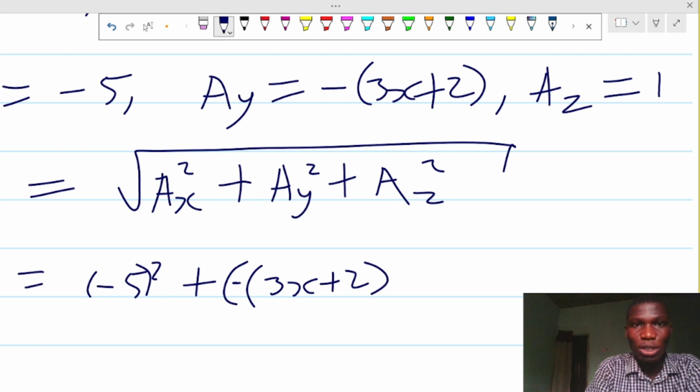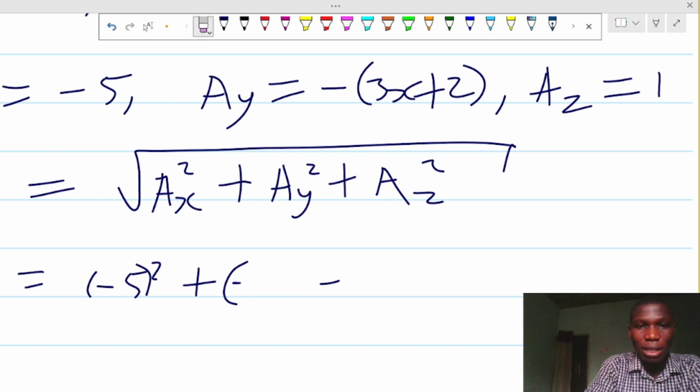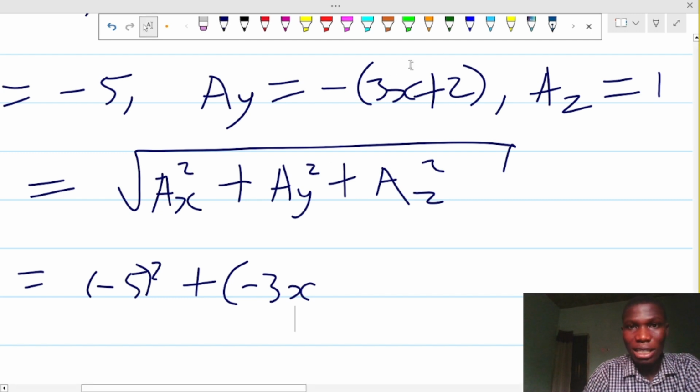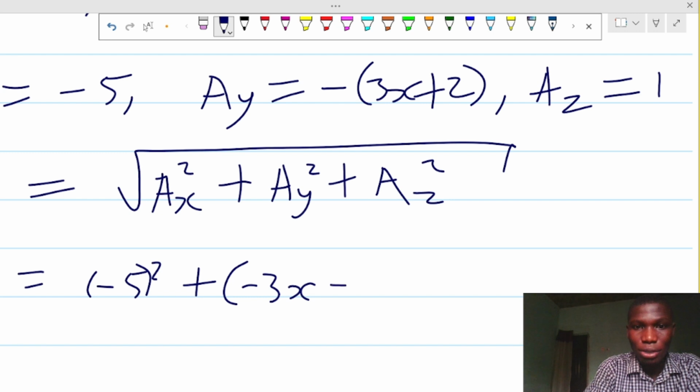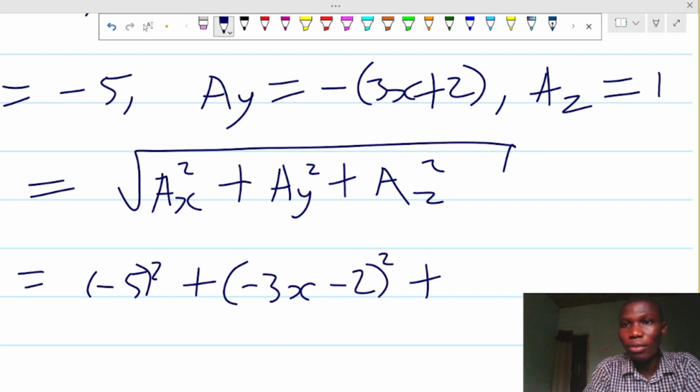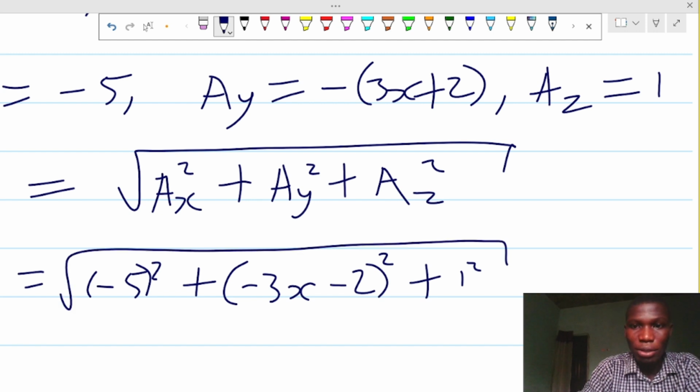I think I should just remove this minus sign, which means multiplying everything inside by the minus sign, so it will be 3x minus 2, all squared. Then of course 1 squared, and the square root of them all.